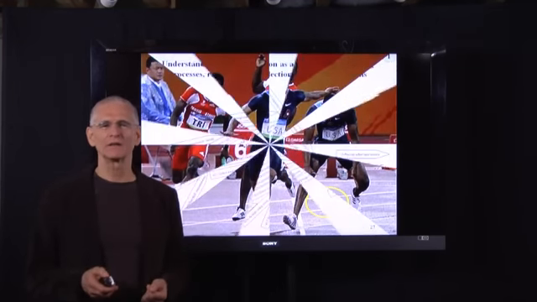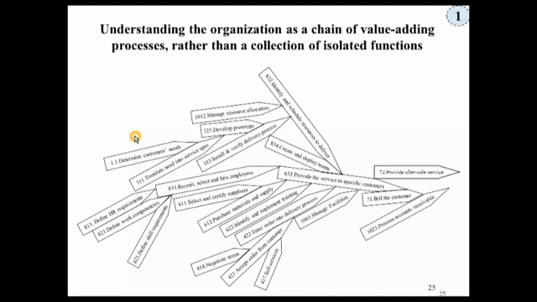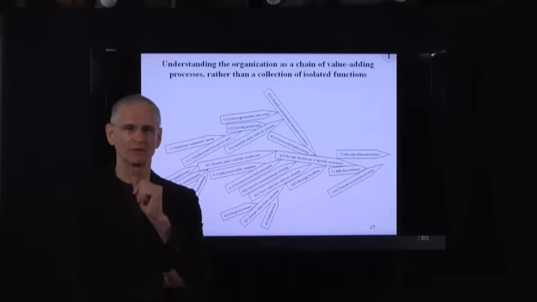Let's now come back briefly to this slide of the process view, chain of interconnected process view of organization. One critical issue about each of these processes is, should we do that ourselves? Or should we let someone else do it?